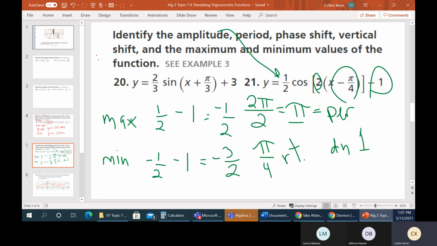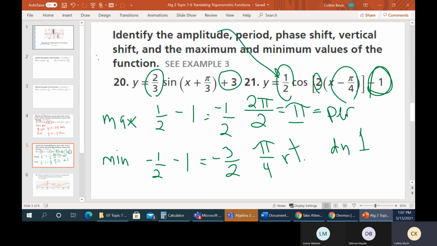So again, you just take whatever your amplitude was and subtract off this guy. It was the same thing for this one. We had 2/3 and then we added that, and that'll tell you your min and your max. So if you add your amplitude and your vertical shift, that gives you mins and maxes.